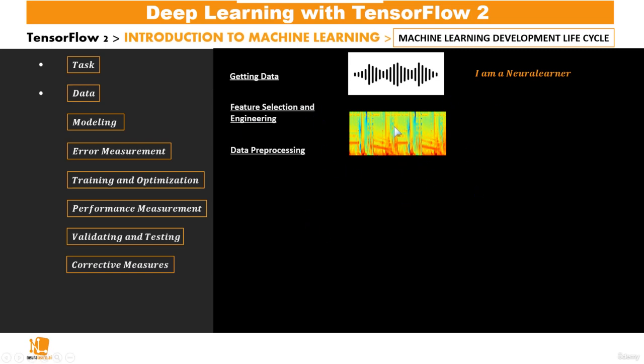Now, in the case of audio signals, it turns out that coming up with a spectrogram, that is, converting the signal from the time domain to the frequency domain, will be of great help in training such models.